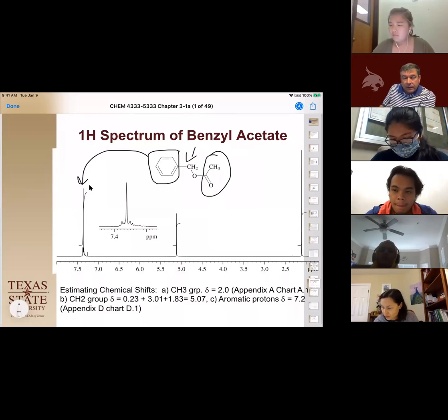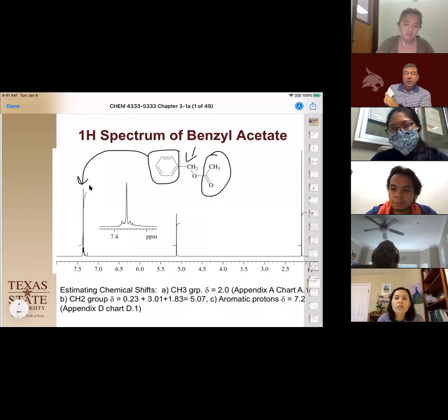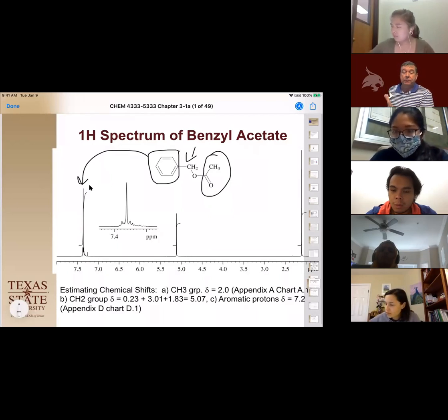And then the other thing attached to it is an oxygen of an ester. And so that's the top one on this table here. And so that's an additional 3.1. So if we add 3.1 to the 0.23 to the 1.83, we predict the peak should be somewhere around 5.1, okay?